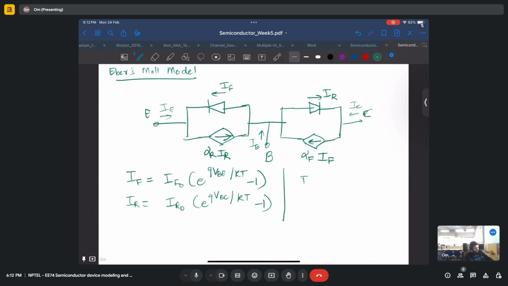And the emitter current IE would be IF minus alpha R IR, and IC would be alpha F IF minus IR.